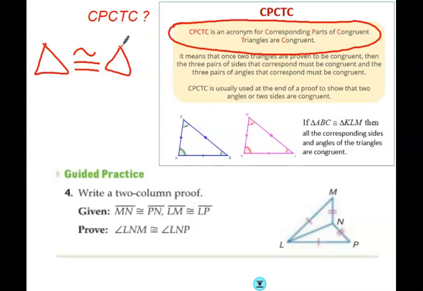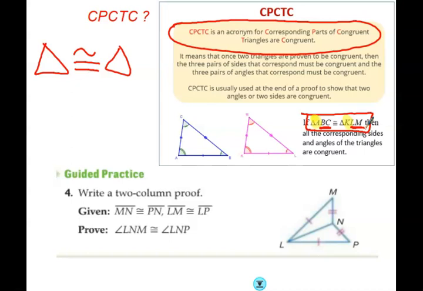Okay, so if I prove that triangle ABC is congruent to KLM, this is just an example, then I can say angle A is congruent to angle K. I could talk about segment BC is congruent to LM because that is the corresponding side, okay?